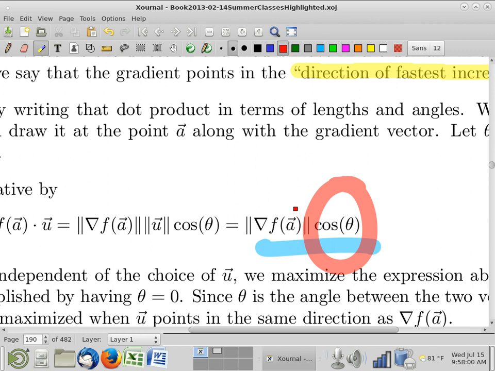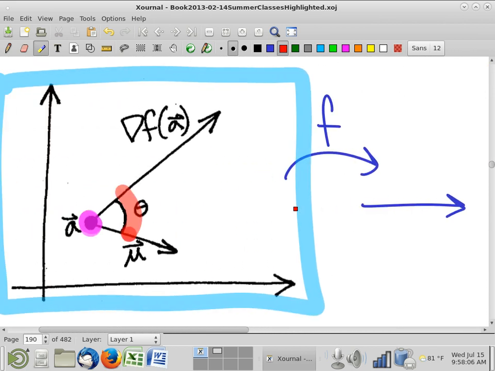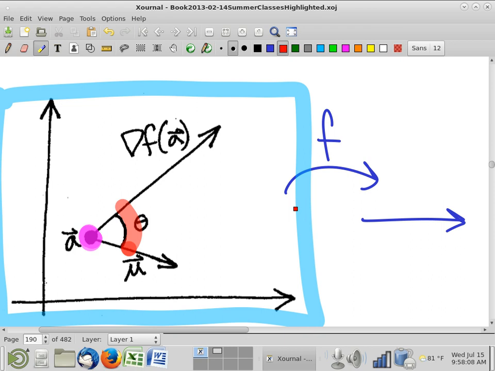Right, so theta equals 0 is the right answer here. So going back up to the picture then, what vector would have theta equal to 0? Well, theta equal to 0 means that instead of that vector, we would look at that vector. So the unit vector, not just some arbitrary unit vector pointing to nowhere, the unit vector pointing in the exact same direction that the gradient vector points. That's the answer to this question.